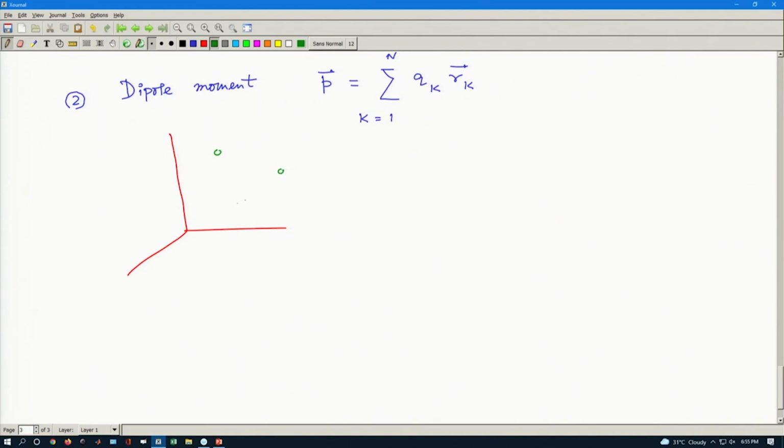So let us have the coordinates. Say this is R2 and this is R1, and this charge is minus q and this is plus q, right.